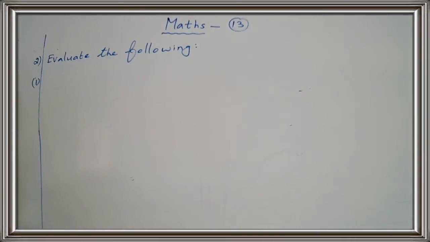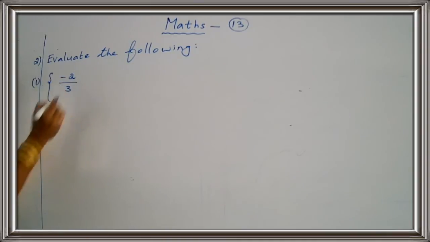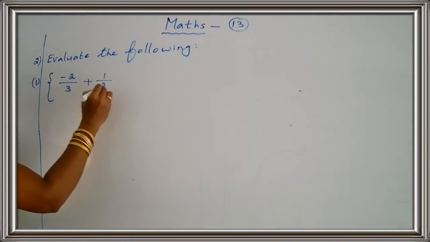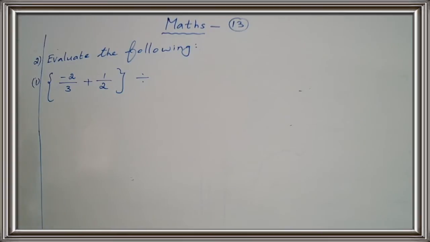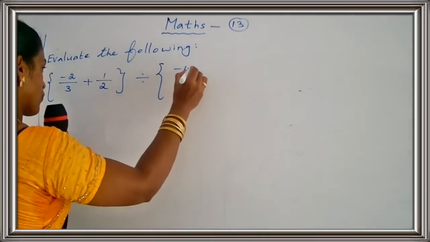Okay. Minus 2 upon 3 plus 1 upon 2 divided by minus 4 upon 5 plus 2.